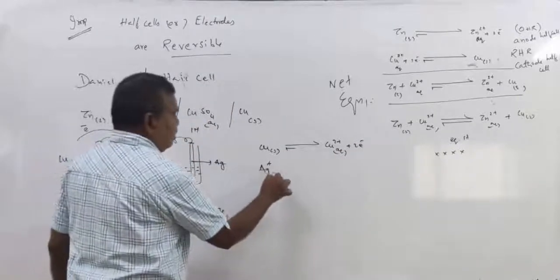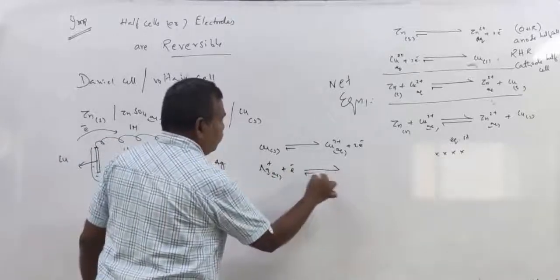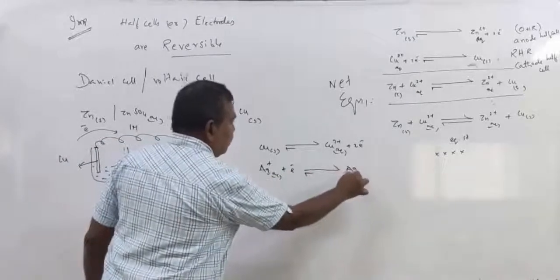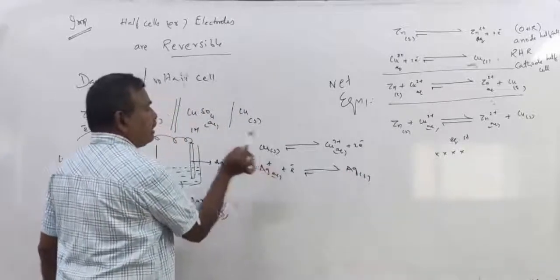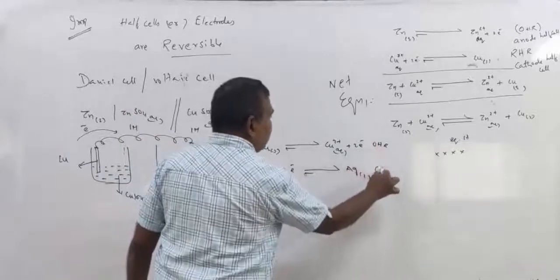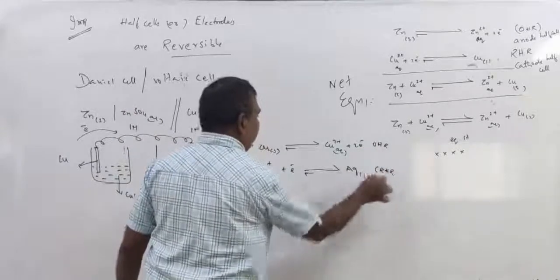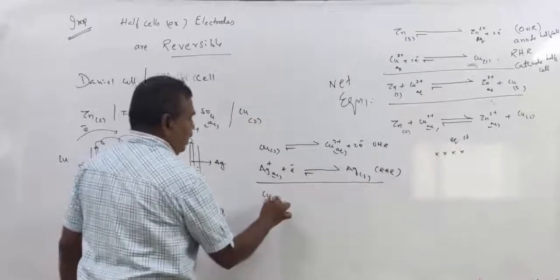Ag+ ions take electrons to form Ag. So this is the reaction at the silver electrode. This is the reaction at the copper electrode. Here oxidation reaction takes place. Here reduction reaction takes place. And this is the net equation.